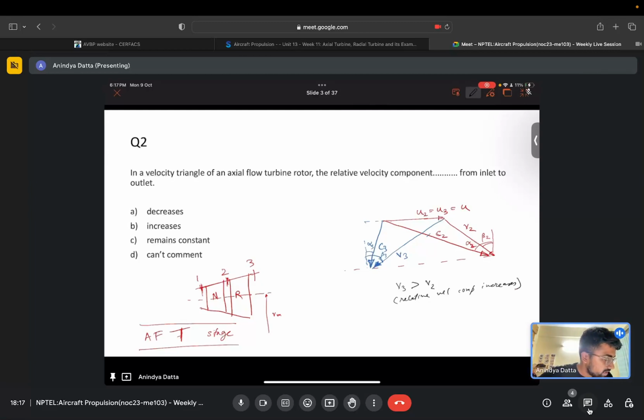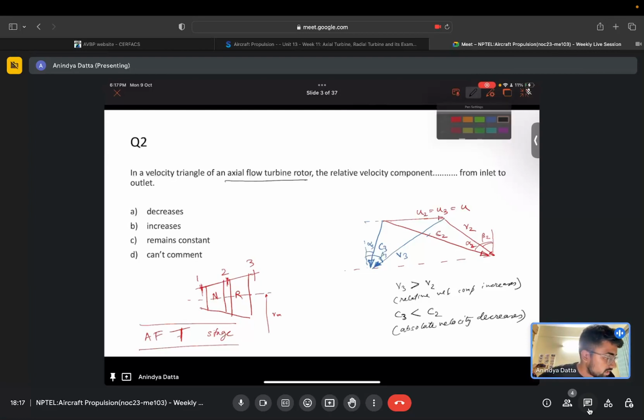And if you look at the length of the absolute velocity vectors, you will see c3 is less than c2, so the absolute velocity decreases. This is for an axial flow turbine rotor. If you remember, for the axial flow compressor rotor the trends reverse: the relative velocity component decreases and the absolute velocity component increases.